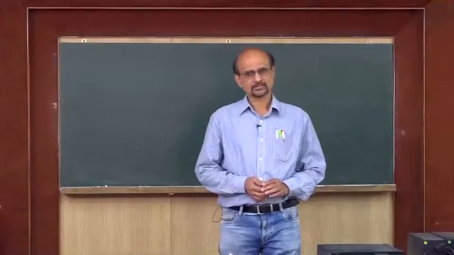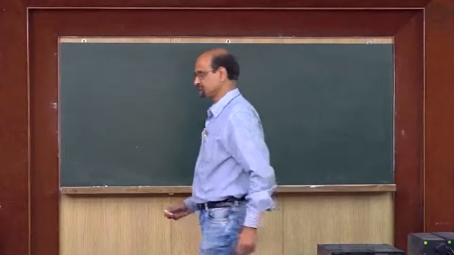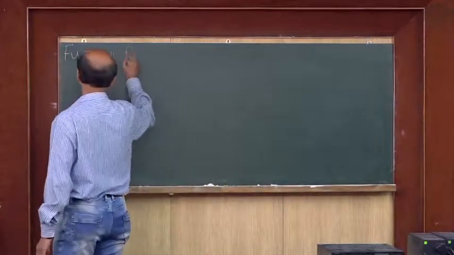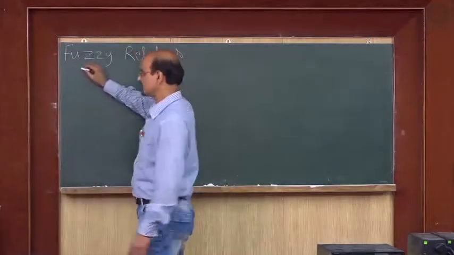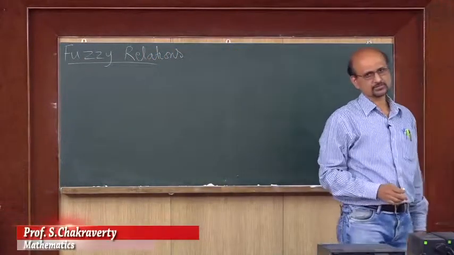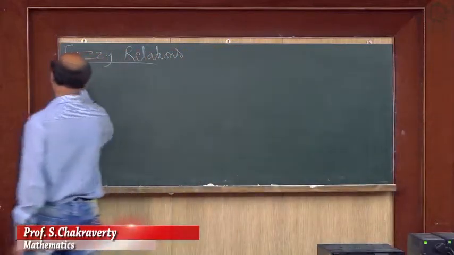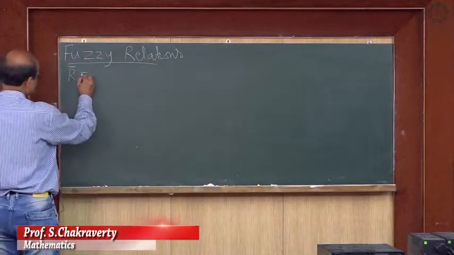So, in the last class we were discussing fuzzy relations. We defined this fuzzy relation from a product space, suppose X to Y, like this. I already defined this in the last class.